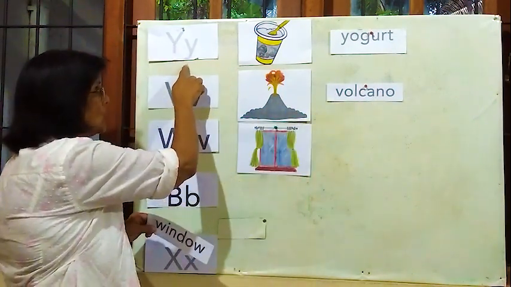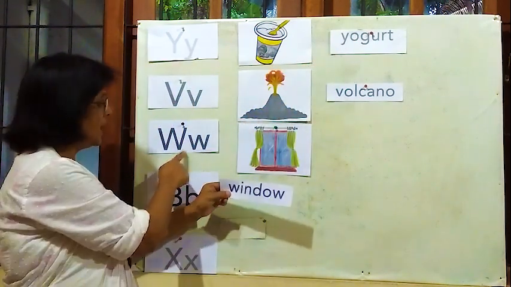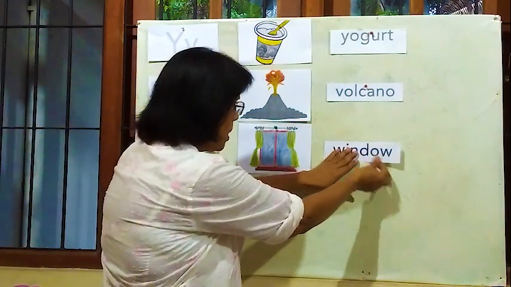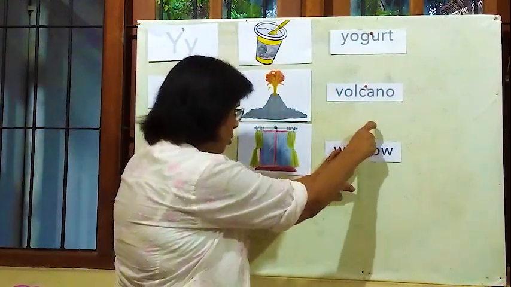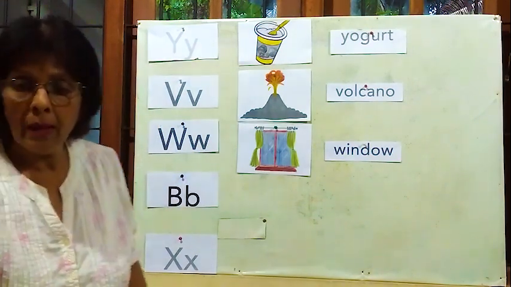Here, yogurt, Y, first letter is Y. Here, W, the first letter is W. W for window. Right? Now the last one here, next one, B.